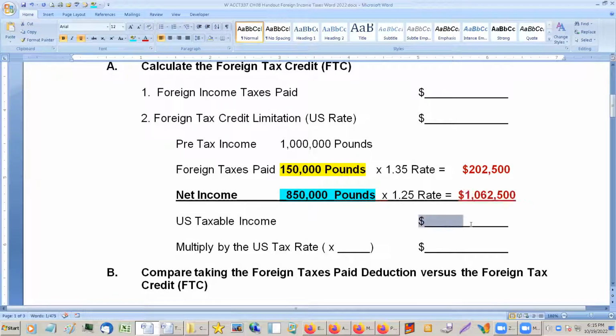And that's going to be our taxable US income. So 1,265,000.